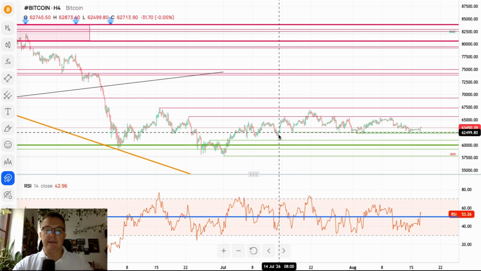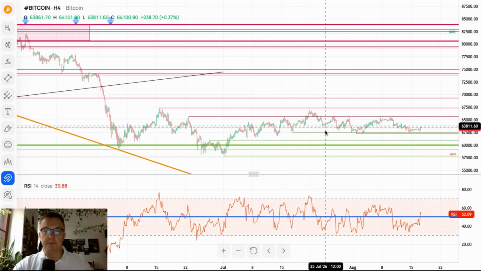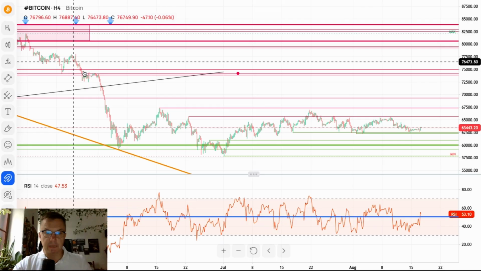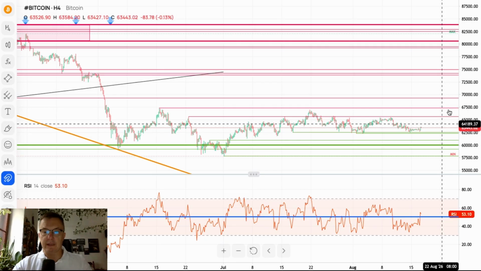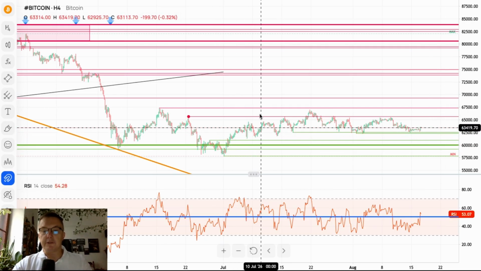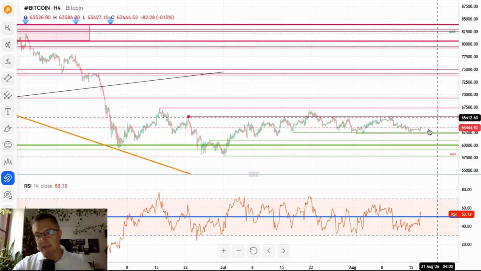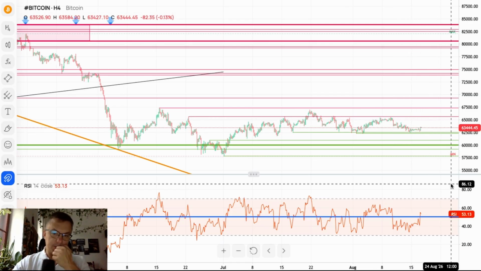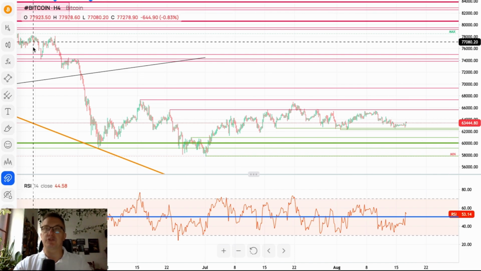Bounce and pushback, bounce and pushback, local high, pushback. There is no such thing here as when we just dropped over $10,000 and that's it, job done. Nothing like this here. It becomes more and more sideways, and maybe after some time we will see this movement to the downside as a continuation of the previous trend, which is down.